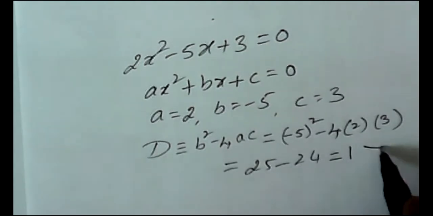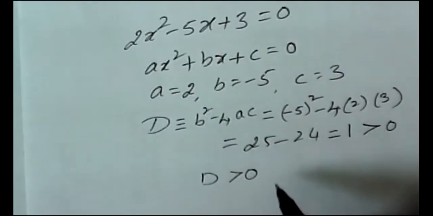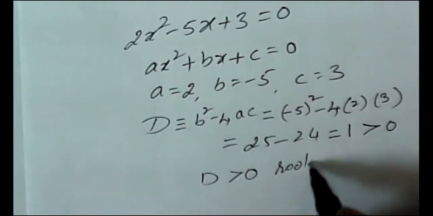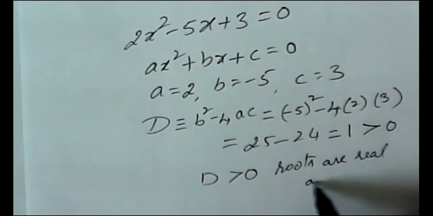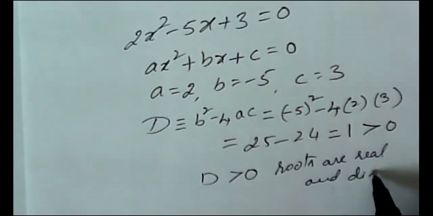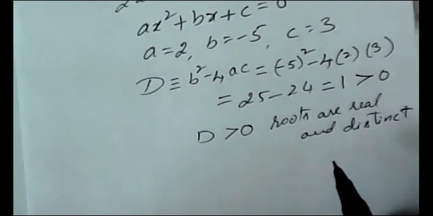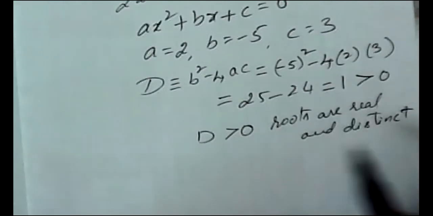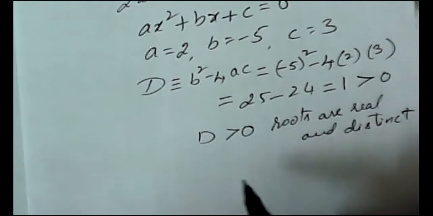So it is greater than 0. Discriminant greater than 0 means roots are real and distinct. So the graph will be having two roots, and distinct roots.